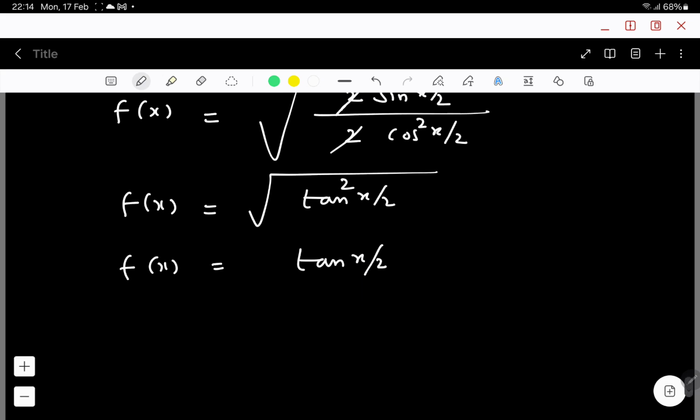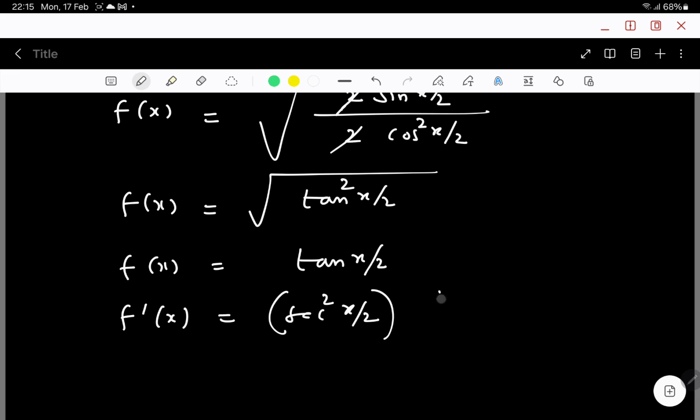Okay. Now differentiate. We know differentiation of tan x is secant square x. Apply the same: differentiation of tan x by 2 is secant square x by 2, and then don't forget to differentiate x by 2 separately, into d by dx of x by 2. That is a chain rule. So d by dx of x by 2 is 1 by 2. d by dx of x is 1, and 1 by 2 is a constant. We know d by dx of kx is k times d by dx of x, where k is a constant. Here k is 1 by 2.